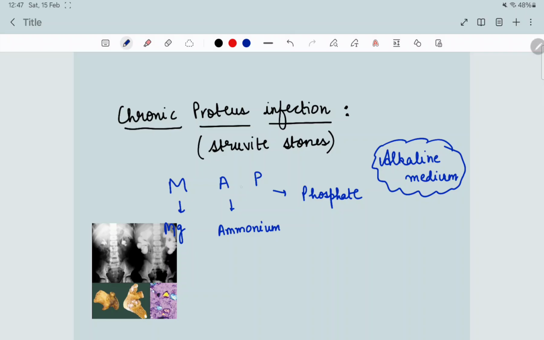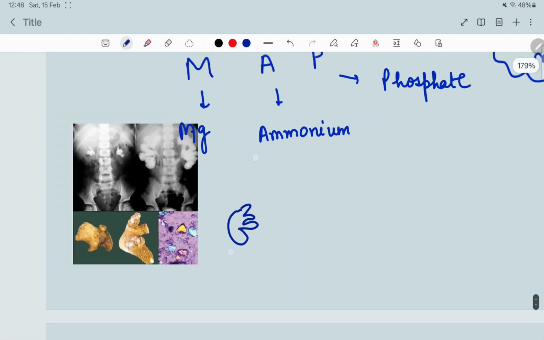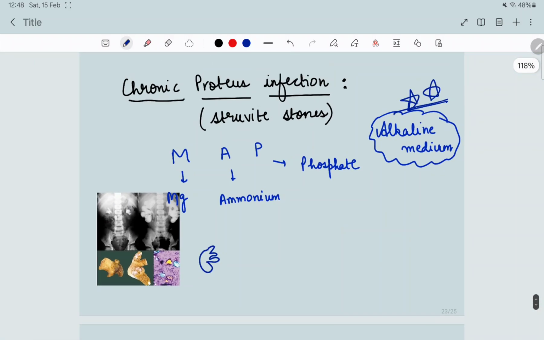From M you have magnesium, A ammonium, from P you have phosphate. And a very important point is that it grows in alkaline medium. You can see these staghorn calculi, very large calculi, which are seen in Proteus infections.